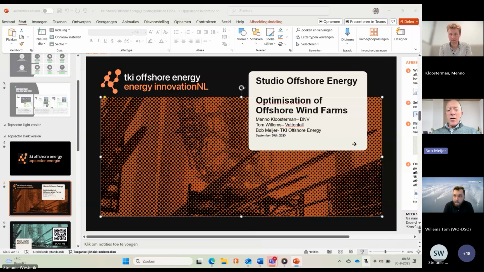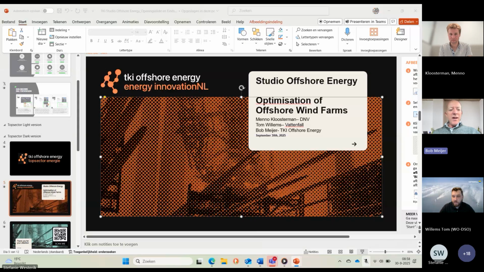So clearly, there are still things that need to be investigated further. But the study of DNV put us really in the direction of valuable opportunities to continue research and innovation. And this is very much part of the TKI Offshore Energy Innovation Program. So this study also guides us in a way to where we should aim our focus.